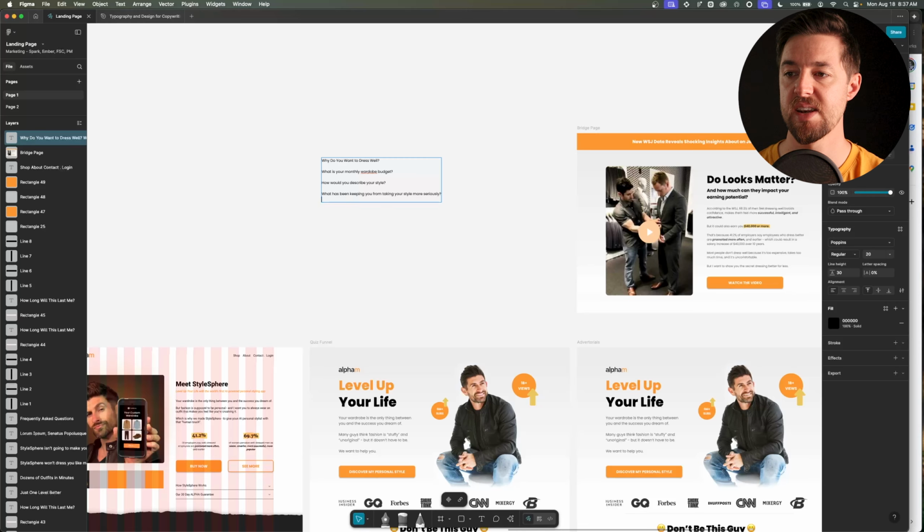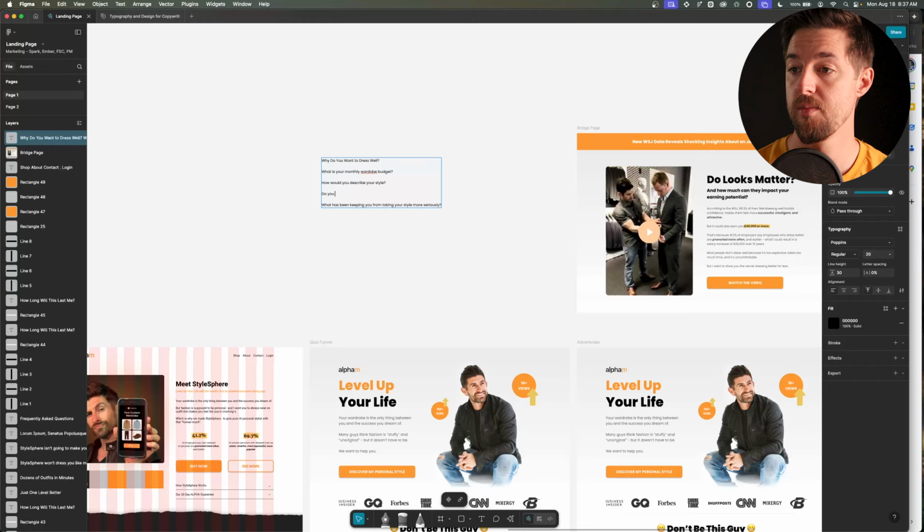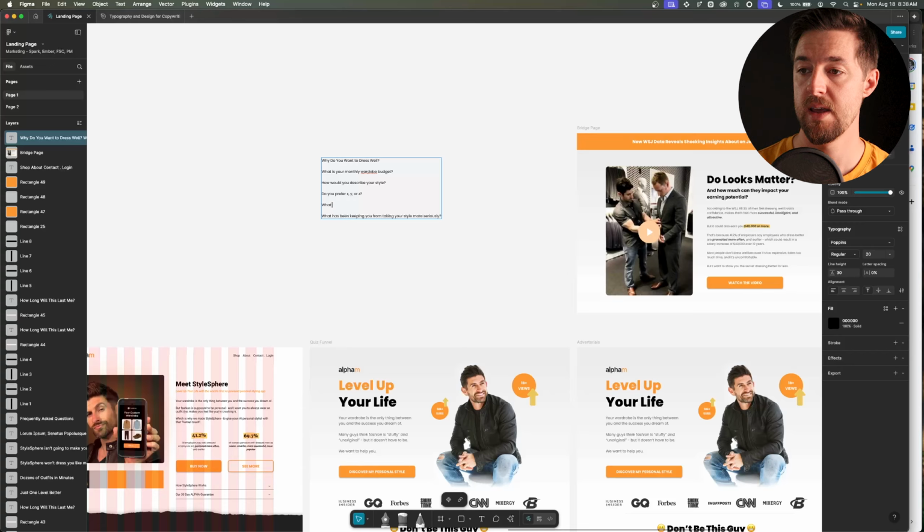Why do you want to dress well? What is your monthly wardrobe budget? How would you describe your style? Do you prefer X, Y, or Z? What is your shirt size? What is your pants size?